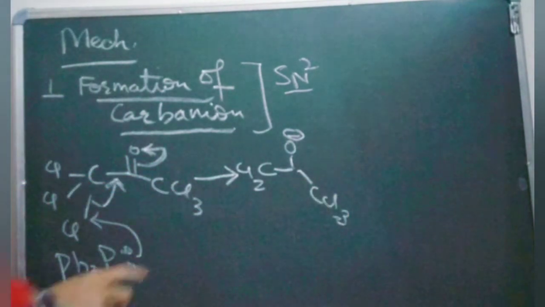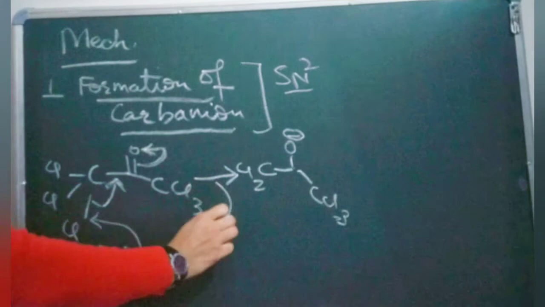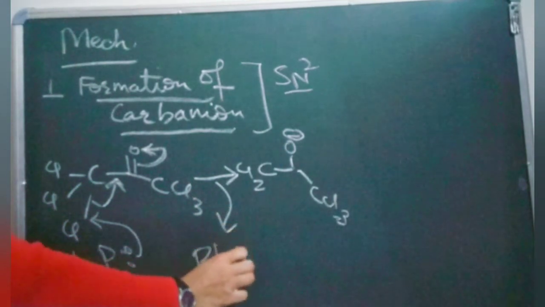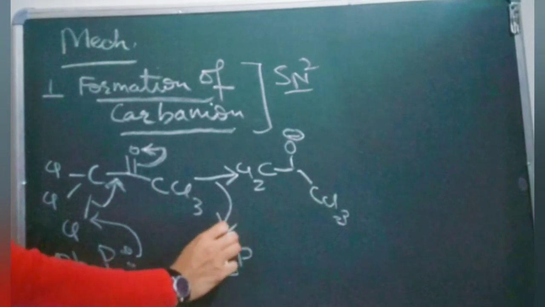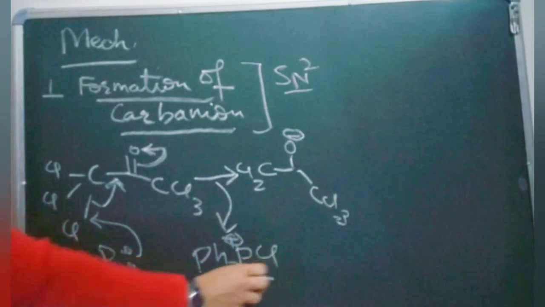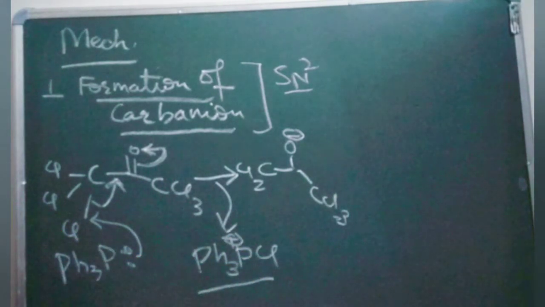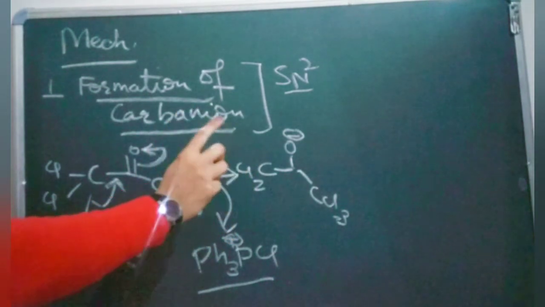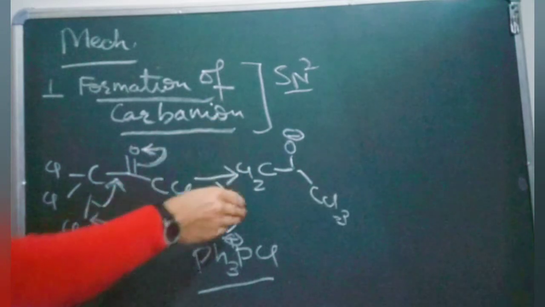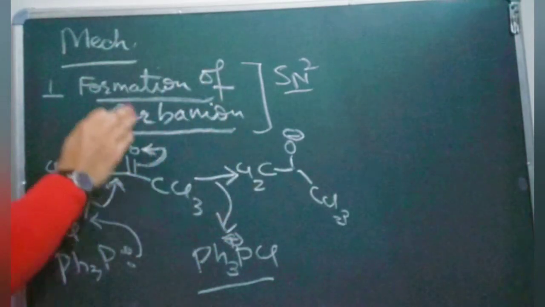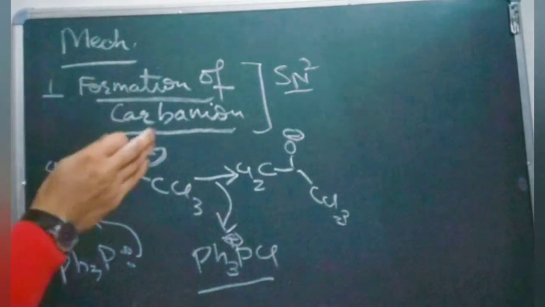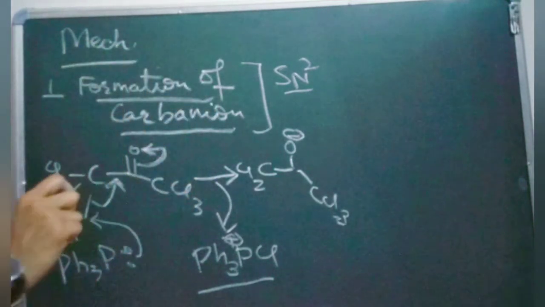Okay, so this is your carbanion, and side by side we'll be having one positive species also, P positive with Cl attached. So this is your first step of formation of carbanion. Now how this carbanion is attacking the reactant, let's see that in the second step, and what it will do to the reactant molecule.